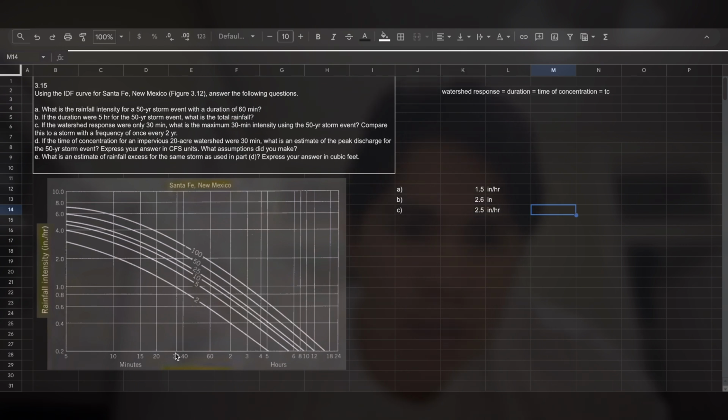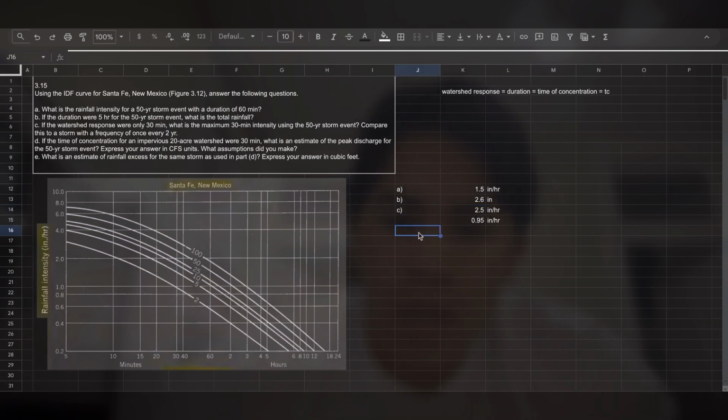So for 30 minutes on a 50-year return period, it would be 2.5 inches per hour. For a 30-minute storm in a 2-year return period, it would be just a little less than one, I would say 0.95 inches per hour. So we notice that the more frequent the storm, the lower the intensity is than a storm that happens less frequently, that could happen once every 50 years.